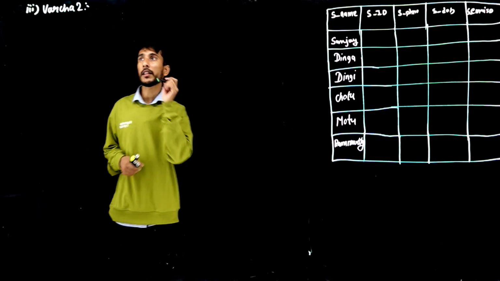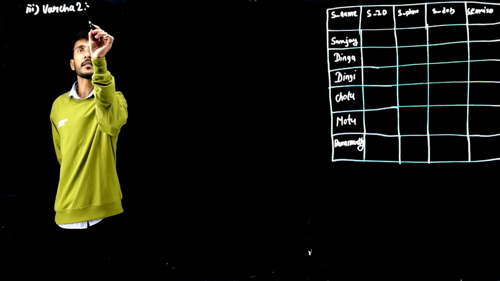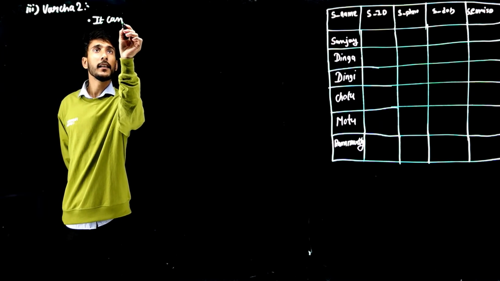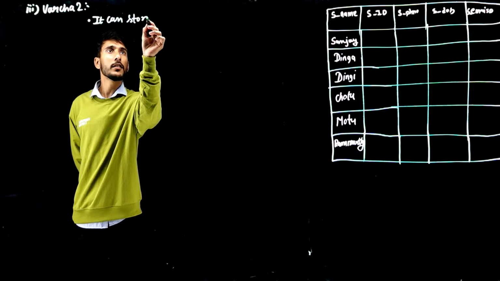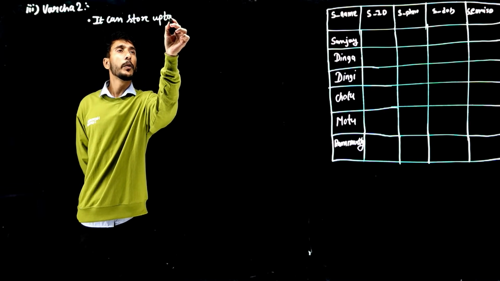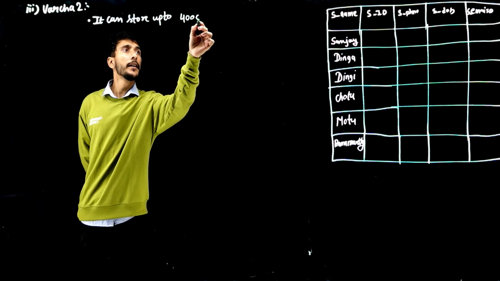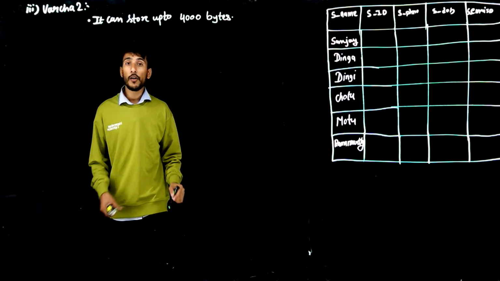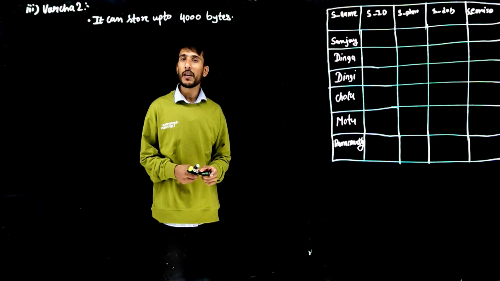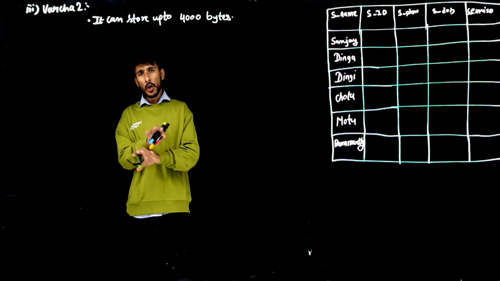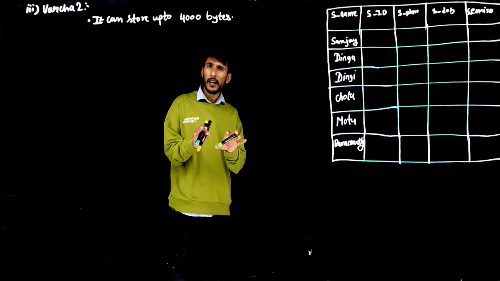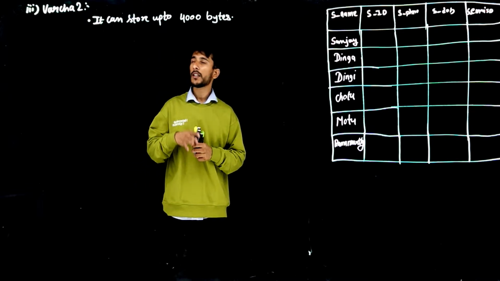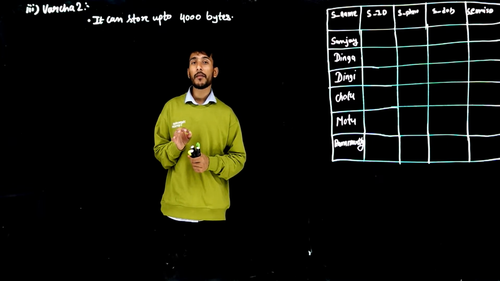The only thing that is changed in varchar 2 is that it can store up to 4,000 bytes. That is the only change. Remaining all the things, the entire explanation will be the same.